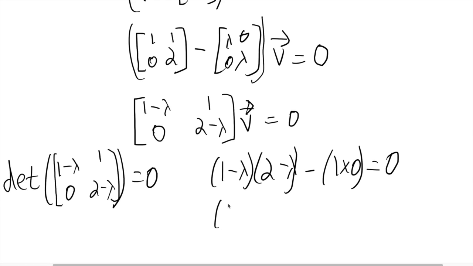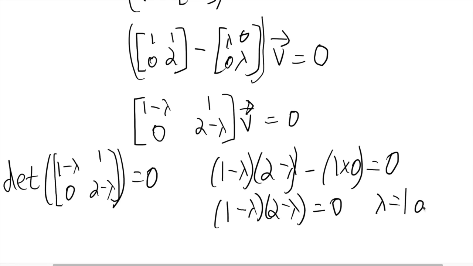This simplifies to (1 minus lambda)(2 minus lambda) equals 0. And so the eigenvalues are lambda equals 1 or lambda equals 2.